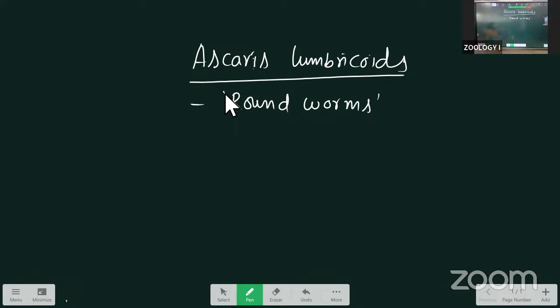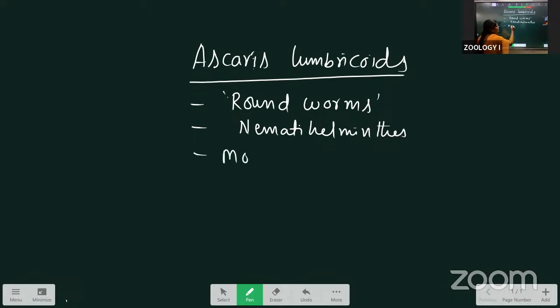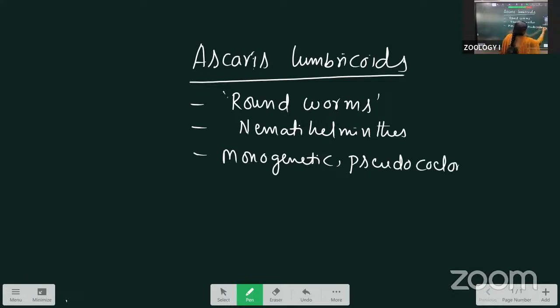Ascaris belongs to Nematihelminthes. Ascaris is a monogenetic, pseudocoelomate, bilaterally symmetrical animal.